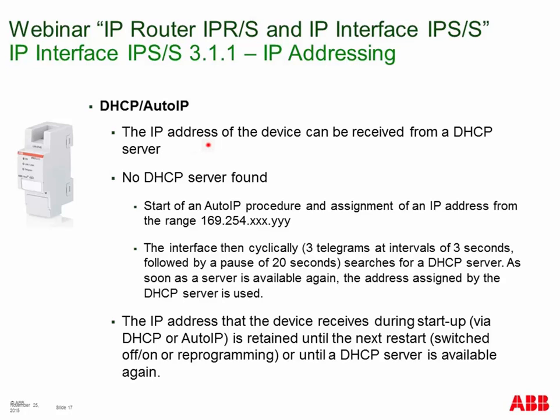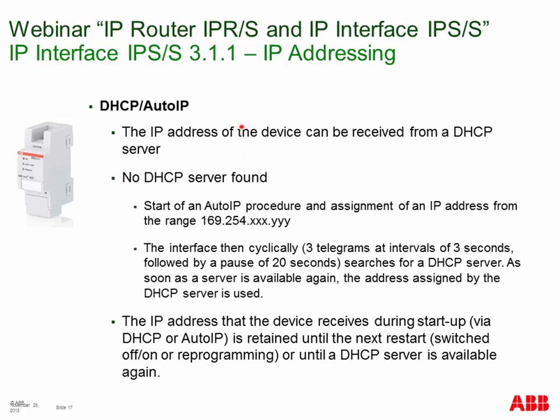If you have a so-called DHCP server in your IP network, then a new IP device automatically gets the next free IP address which is available in the network. So you don't have to take care of anything, it's automatically done. If you don't need a fixed IP address, you can go this way.